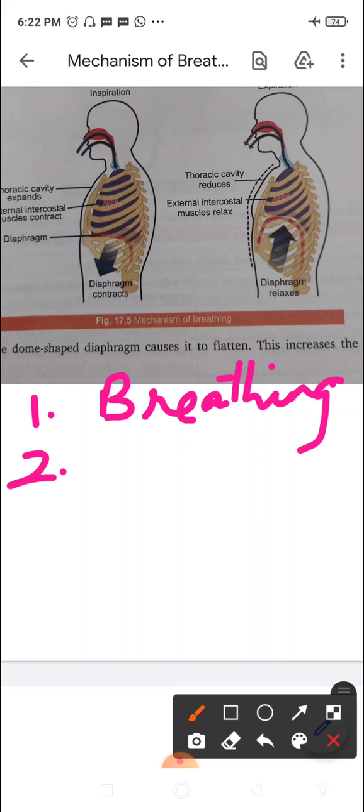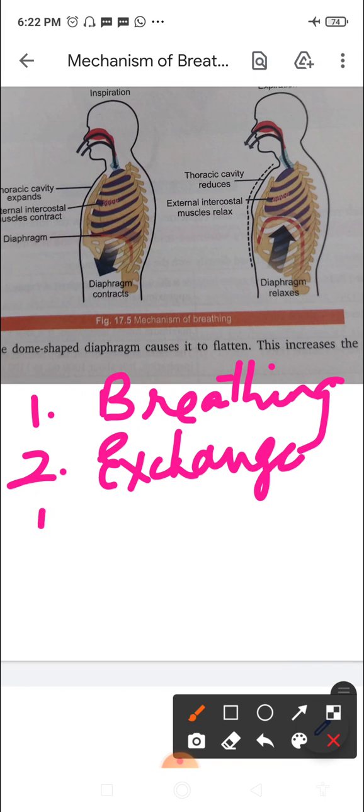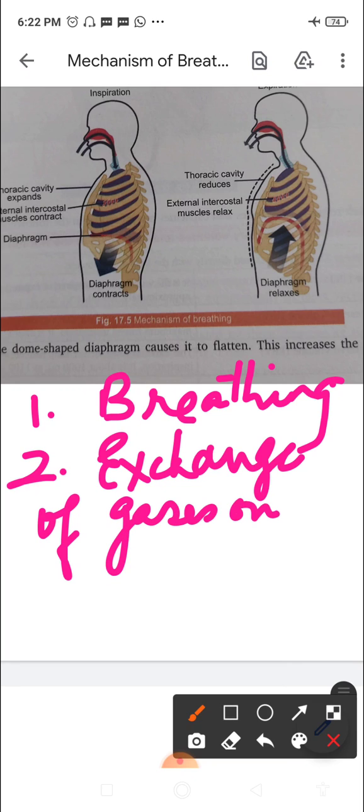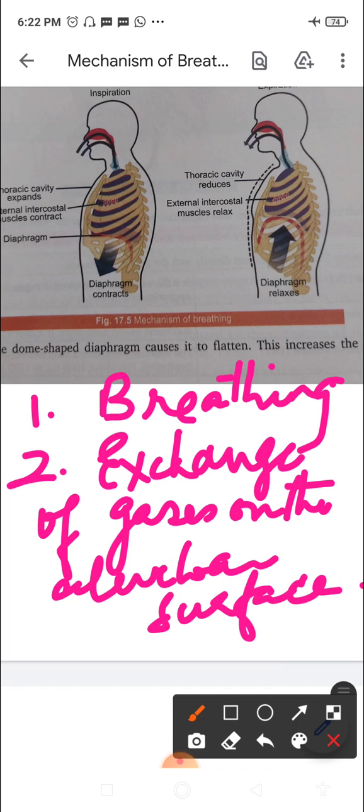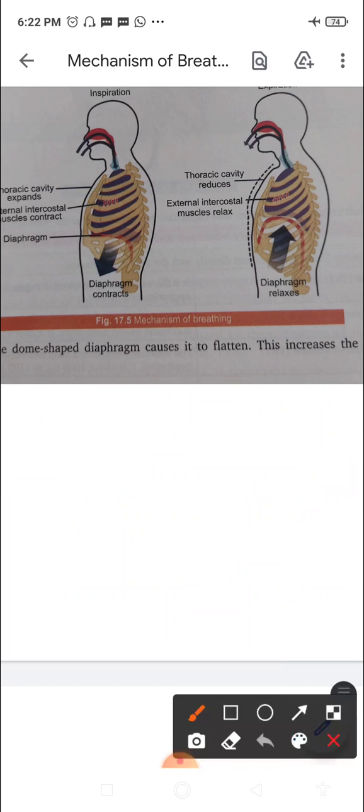The second step that takes place is exchange of gases on the alveolar surface. The third step is transport and exchange of gases.